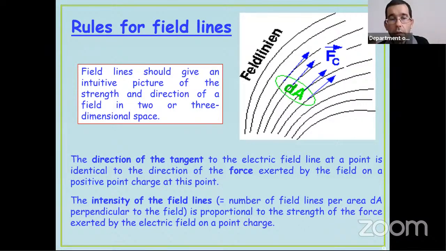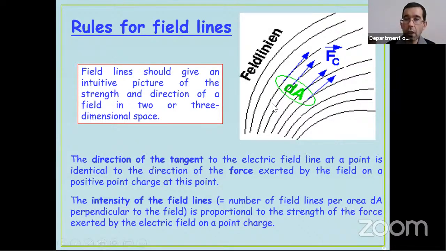And we introduce these electric field lines so that the direction of the tangent to these field lines represents the direction of the electrostatic force. And the density of the field lines, how close they are running, represents the field strength.